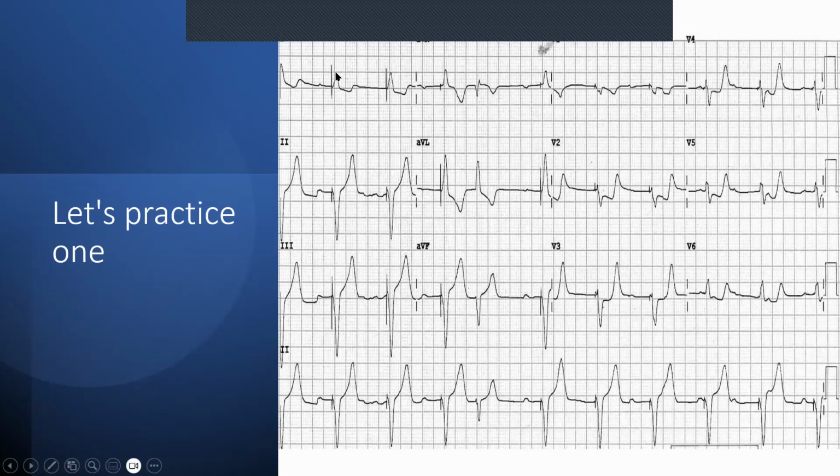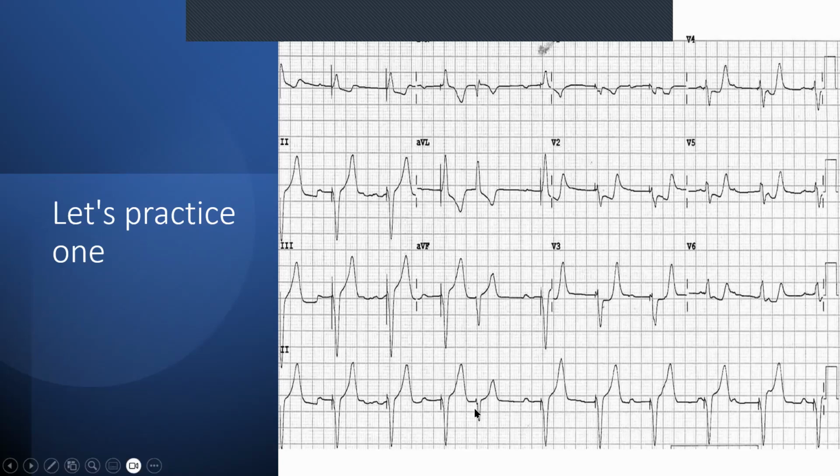We've got here lead 1 and lead aVF. We can see that lead aVF is pointing negatively and lead 1 is pointing positively, so we've got a left-sided axis. If we look at the rhythm, just to make it short to get to what we really need to look at, we're looking here at a Mobitz type 1.